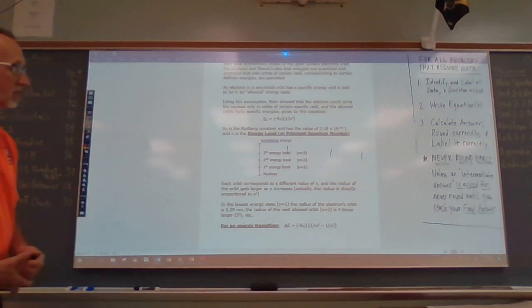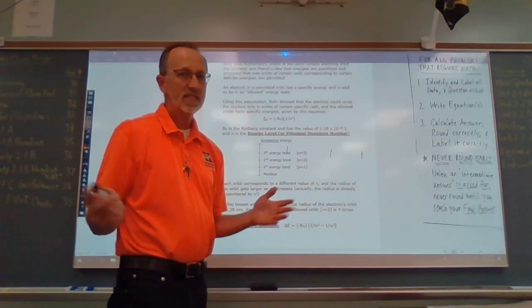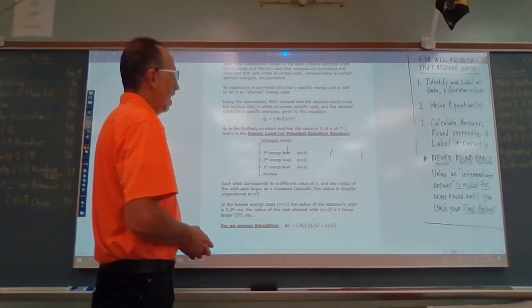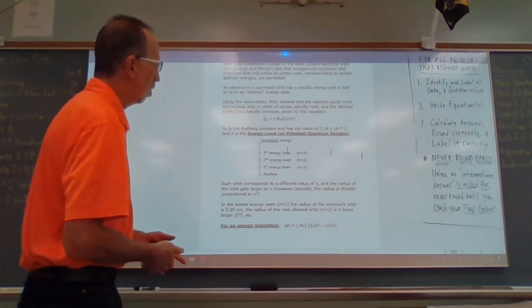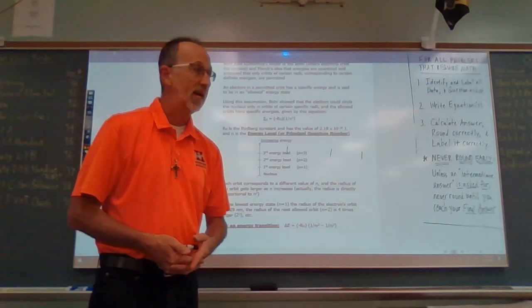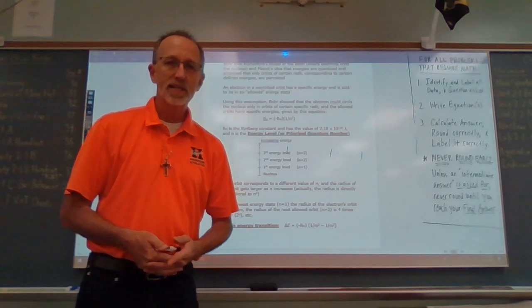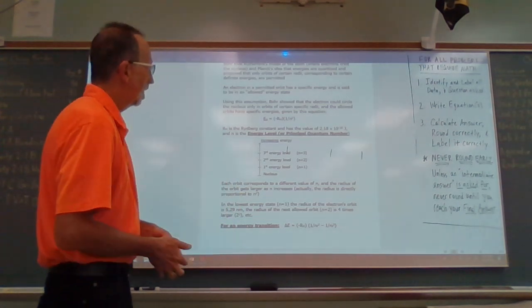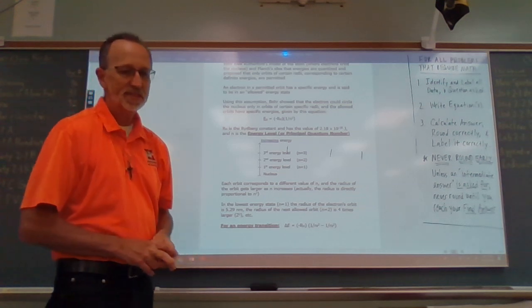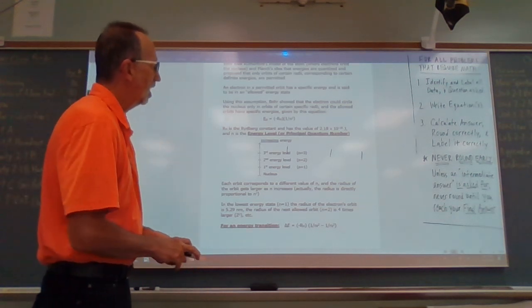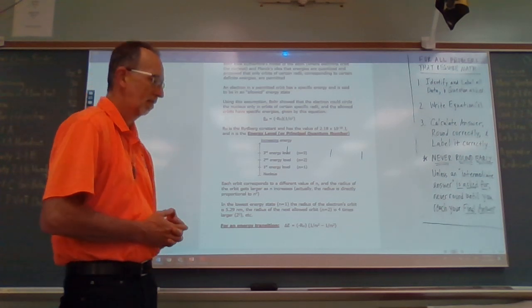So Niels Bohr took Rutherford's model of the atom, where electrons orbit the nucleus. That's about all we knew then. And Planck's idea that energies are quantized, he proposed that only orbits of certain radii, corresponding to certain energies out in the electron cloud, are permitted. An electron in a permitted orbit has a specific energy, all right, and is said to be in an allowed energy state.